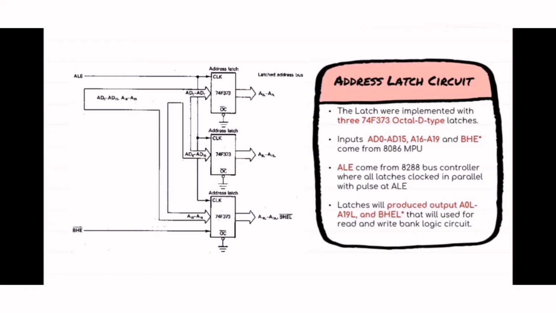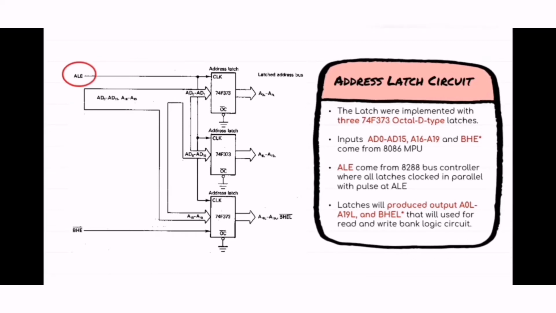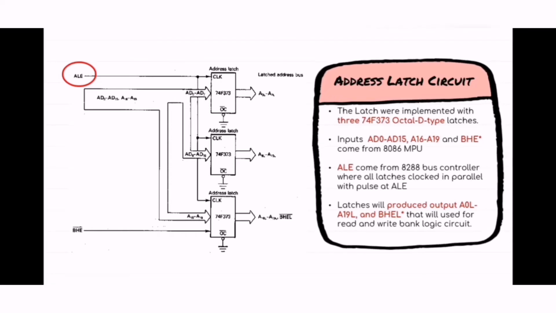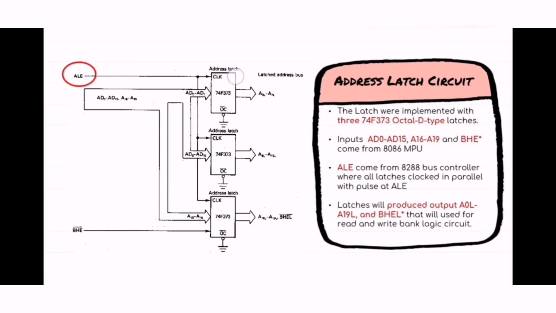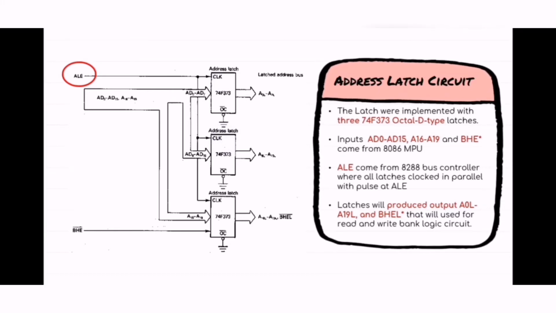And next, the address latch enable, or ALE, comes from the 8288 bus controller, where all the latch clocks are in parallel with the bus at ALE.